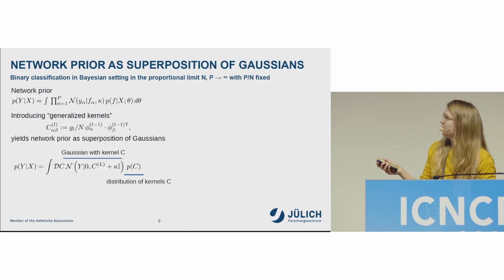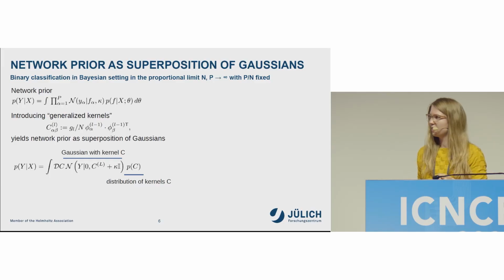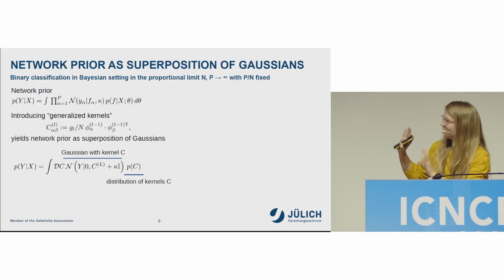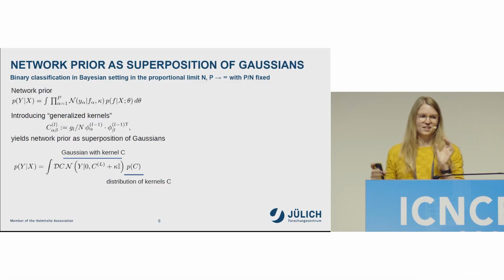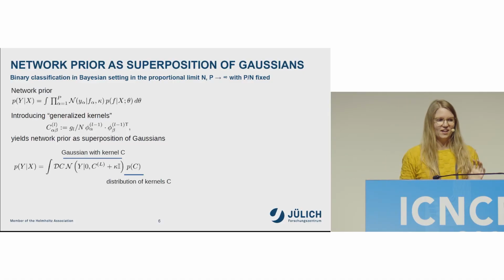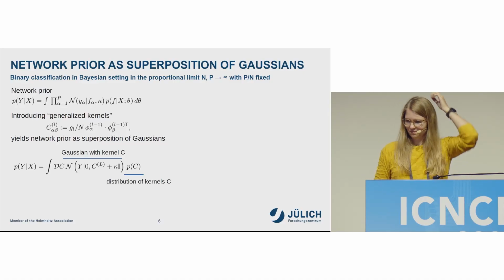So we have here the Gaussian with the kernel C, and now these kernels C are themselves again distributed according to some distribution, which I can write down here so nicely because it gives us this nice interpretation as a superposition of Gaussians, but it's actually not analytically tractable.